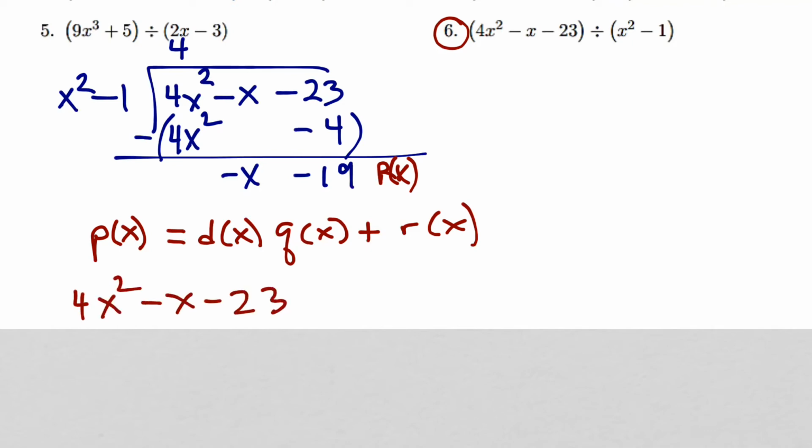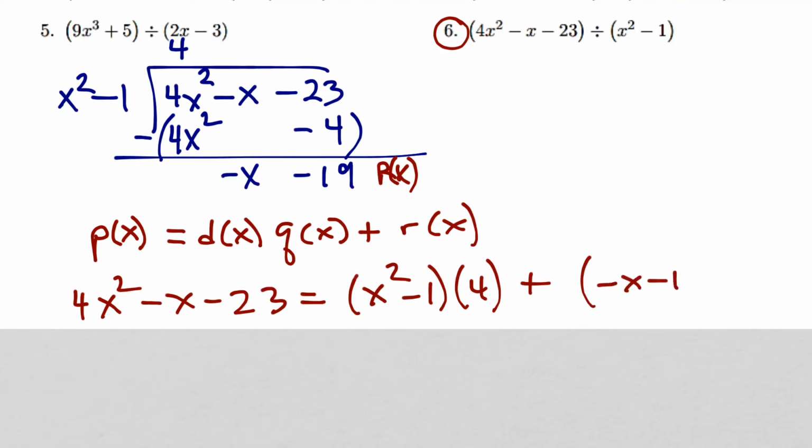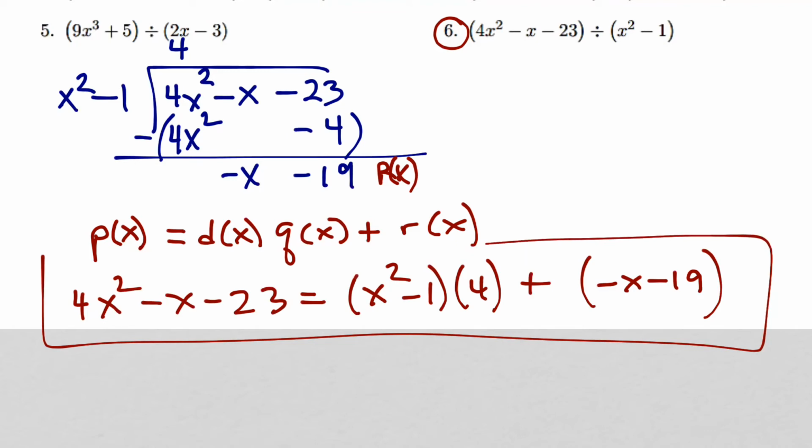So that's equal to my divisor times my quotient, just a 4, plus my remainder polynomial. All right, and so what you can see here is you have a non-zero remainder, so that means this is not a factor of this polynomial, otherwise this would be 0.